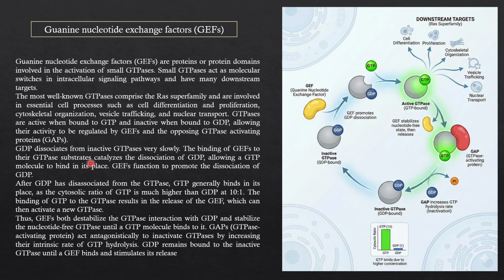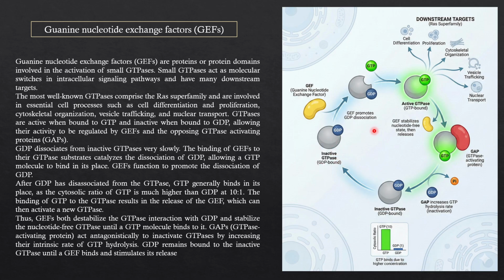GDP dissociates from the inactive GTPases very slowly. The binding of GEFs to the GTPase substrates catalyzes the dissociation of the GDP, allowing a GTP molecule to bind in its place. So basically, in the image, you can see the inactive GTPase bound.